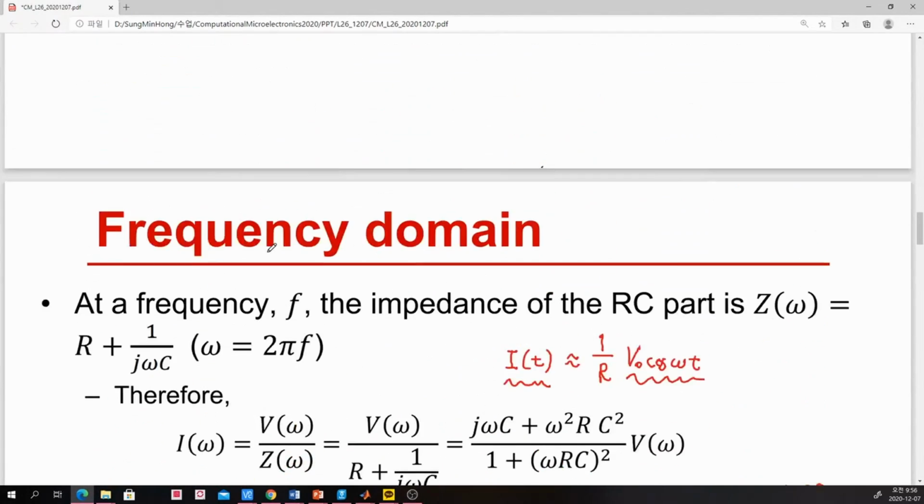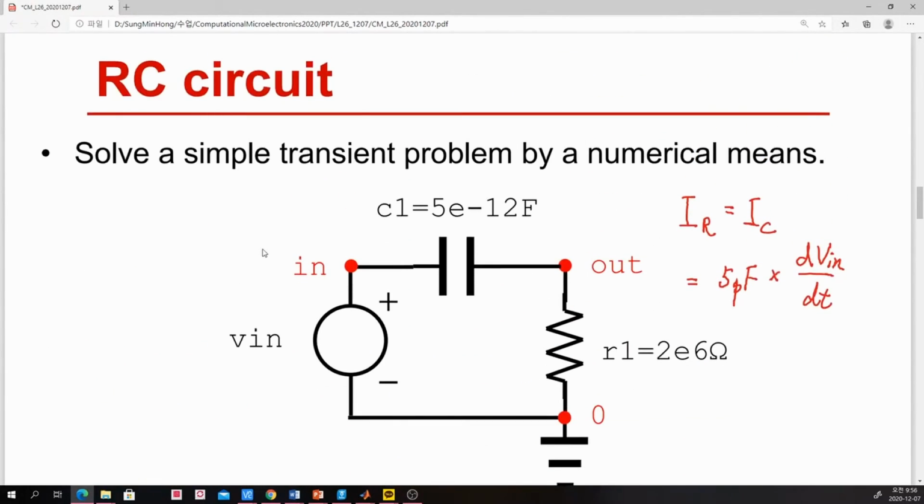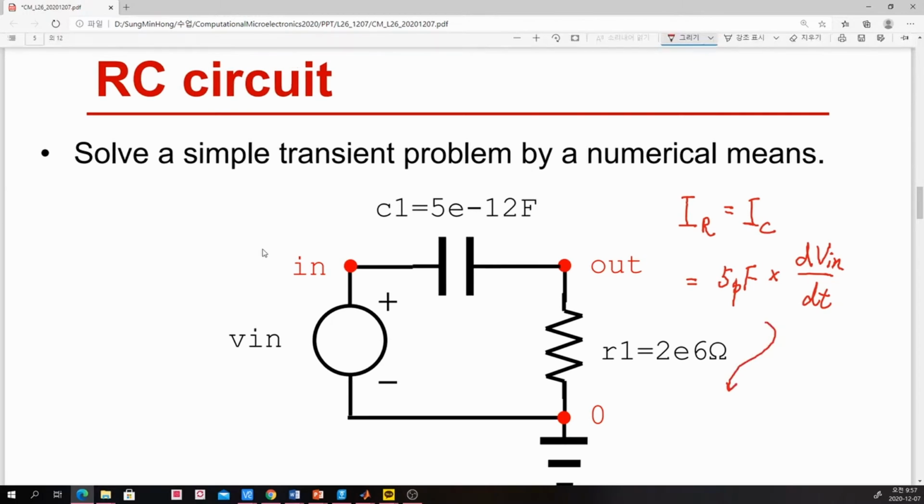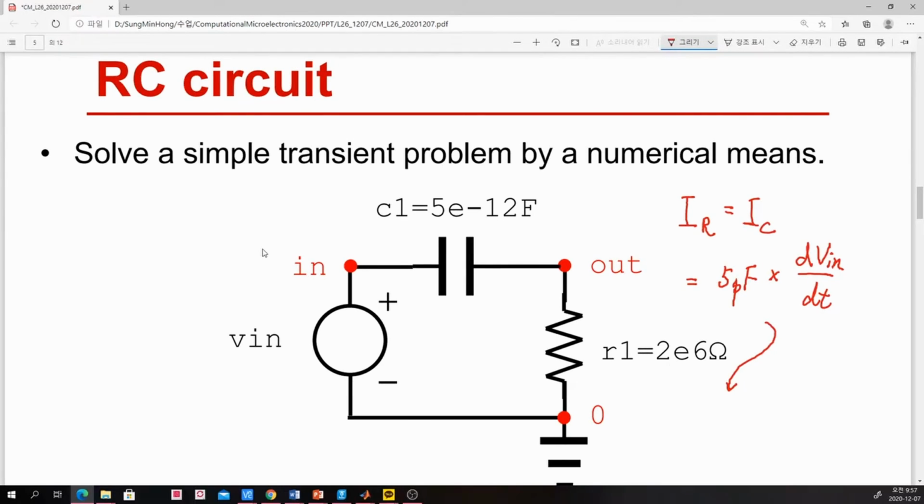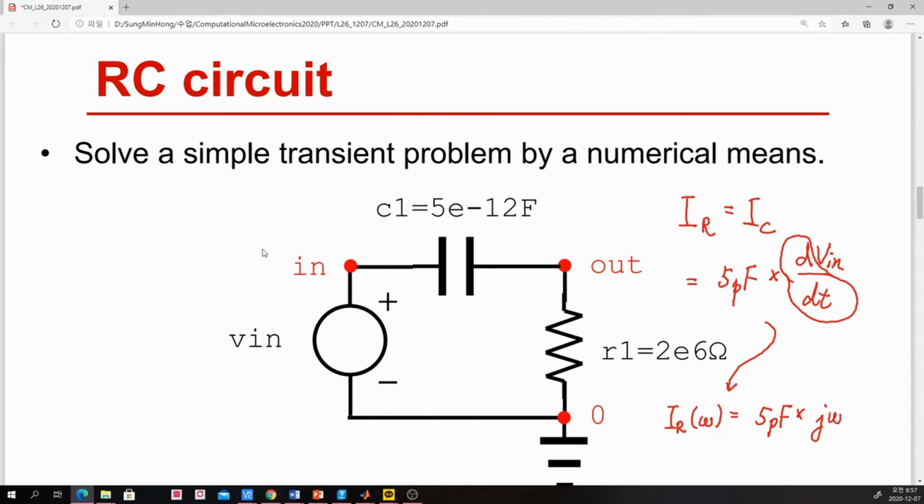Of course, this is a time dependent one. If we just transform it to a certain frequency, then we will have the current at a certain frequency component becomes 5 picofarad times, in this Fourier transformed case, d over dt becomes just j omega, and v in its frequency domain component.